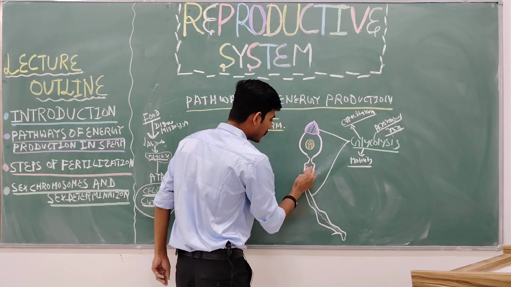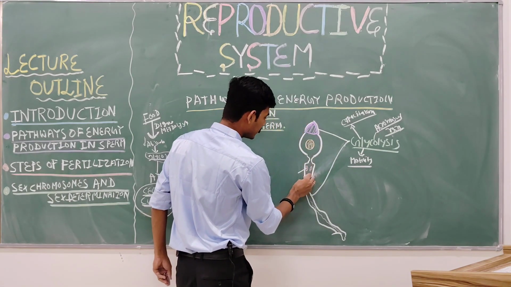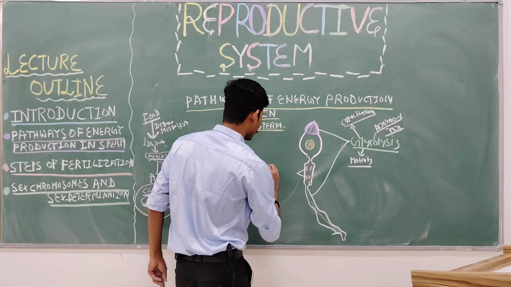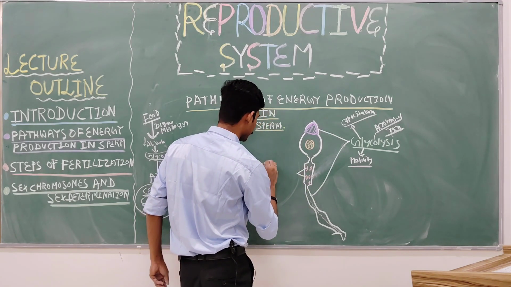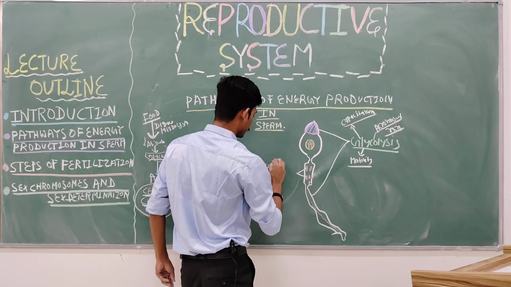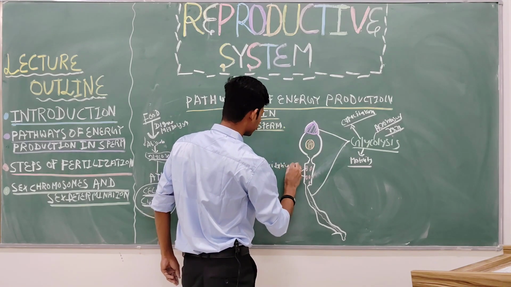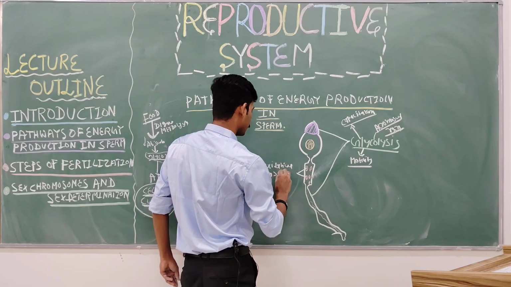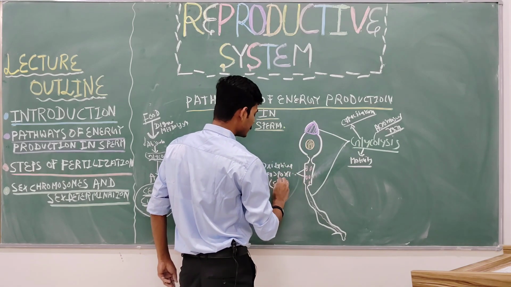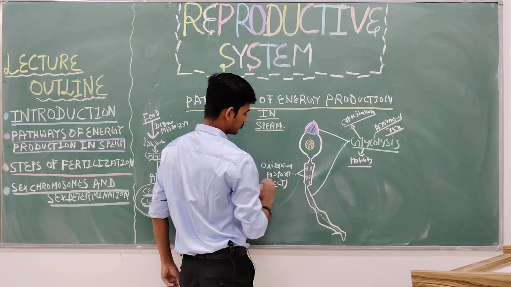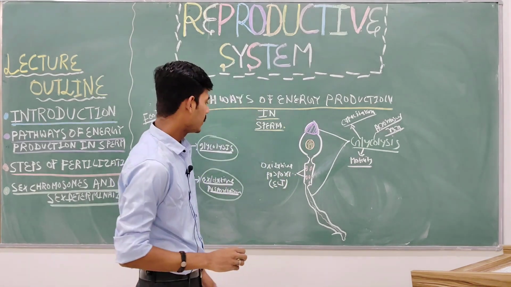Now in the middle piece, here is the presence of the mitochondria. Here the oxidative phosphorylation is ongoing, also called the electron transport chain.